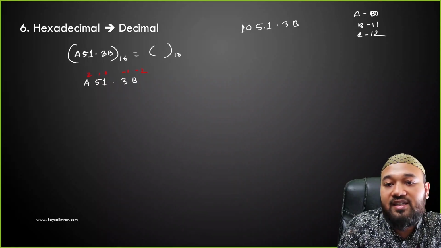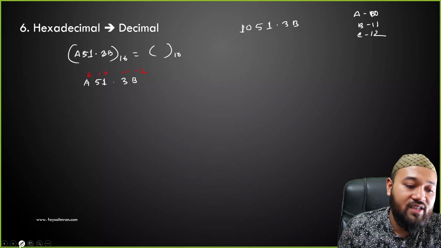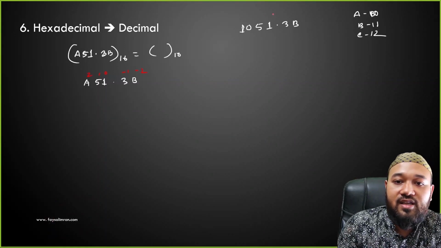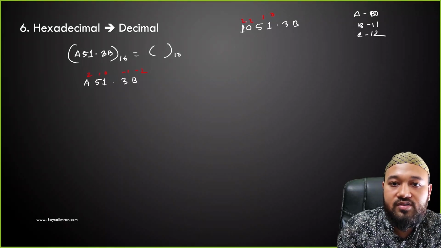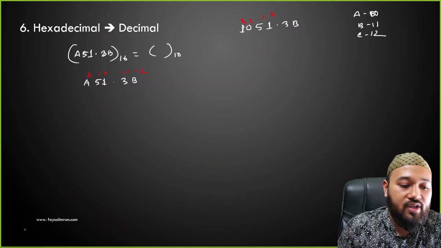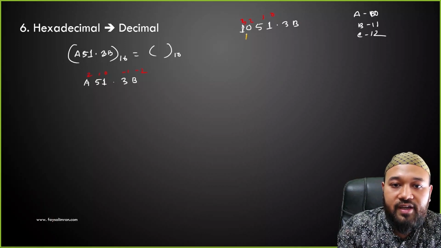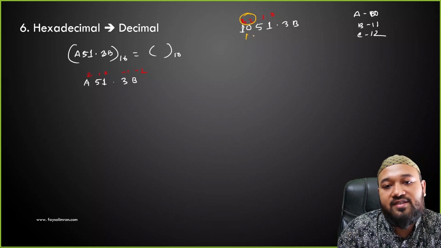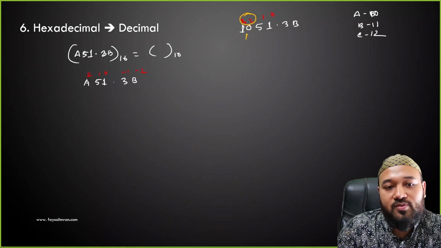So you can write it this way, but if you write the powers like this, the value of A contains 2 places, and actually this is not possible.